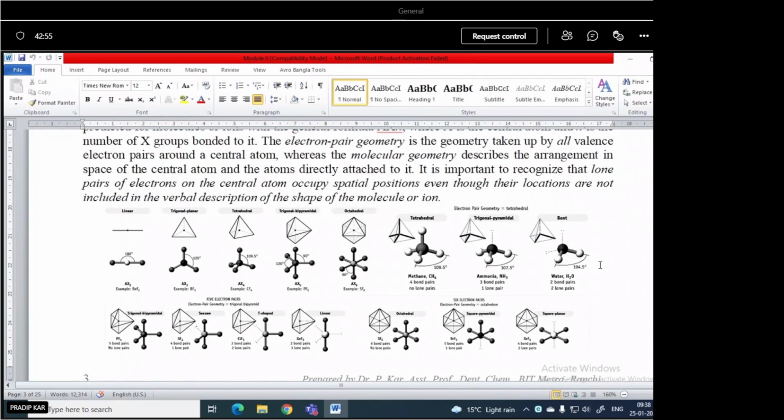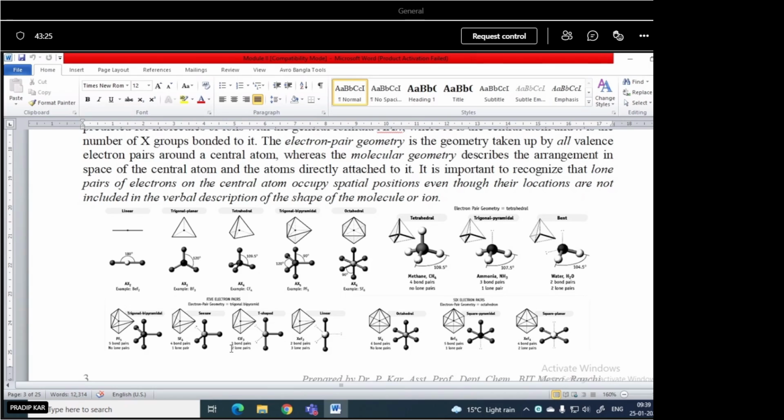It may be distorted from the regular geometry when a lone pair is present instead of a bond pair. Similarly, PF5 is trigonal bipyramidal, but when we come to SF4, having 1 lone pair instead of a bond pair, in that case it attains a distorted trigonal bipyramidal structure.